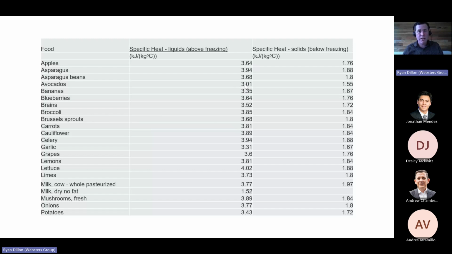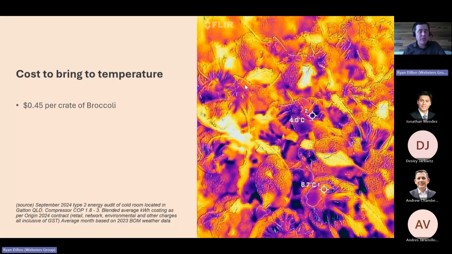So the cold room design is really product dependent. And if we were to just put that in broad metrics, and this changes from product to product, but from a very general rule of thumb perspective, from a type 2 audit we recently completed, we had around 45 cents per crate of broccoli to take it from that ambient field temperature.